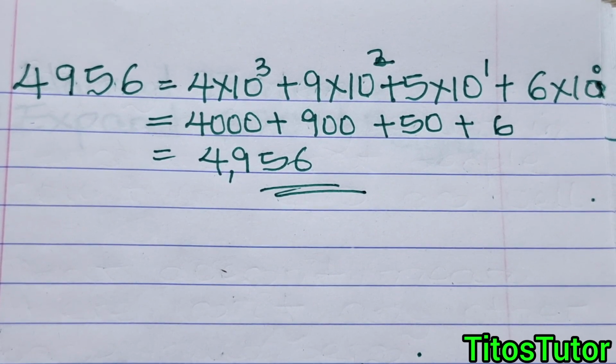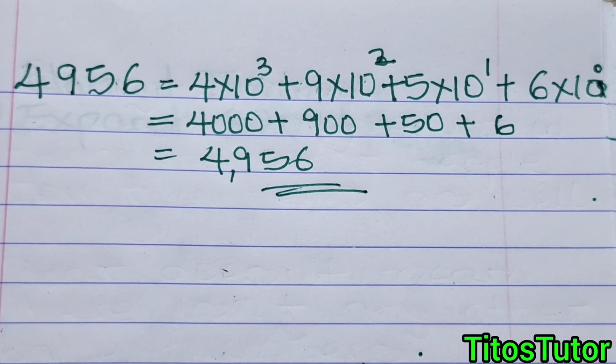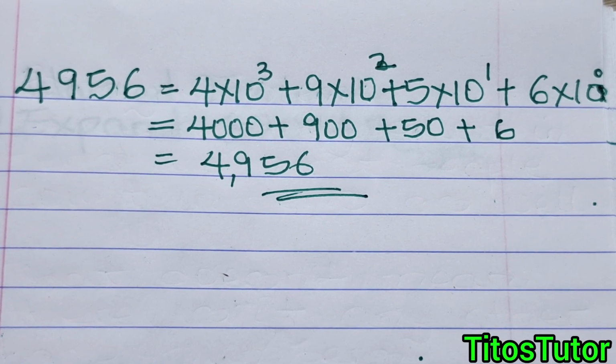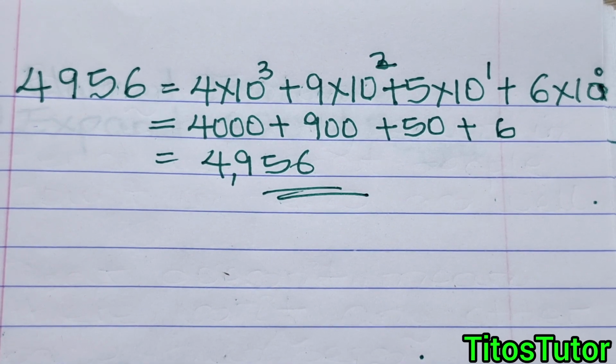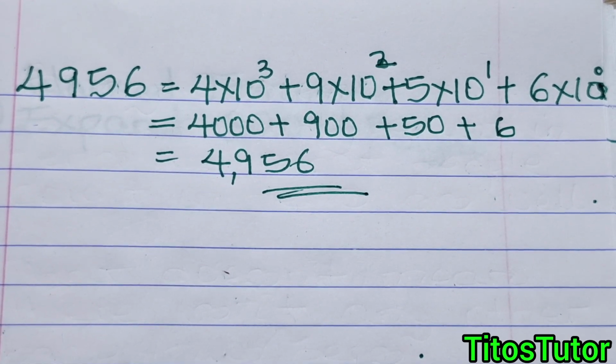So it's 10 raised to the power of 3, 10 raised to the power of 2, 10 raised to the power of 1, and 10 raised to the power of 0. Each time multiplying the number in that place value, and you add all the place values together, and you still get back to your number, which is 4,956.